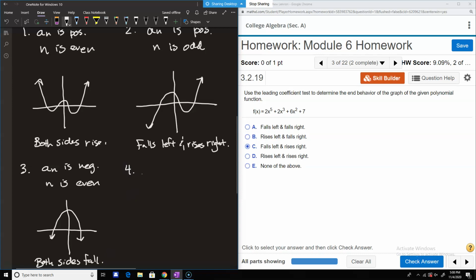And 4, you could have a sub n is negative and n is odd. And in that case, your left side rises, but your right side falls.